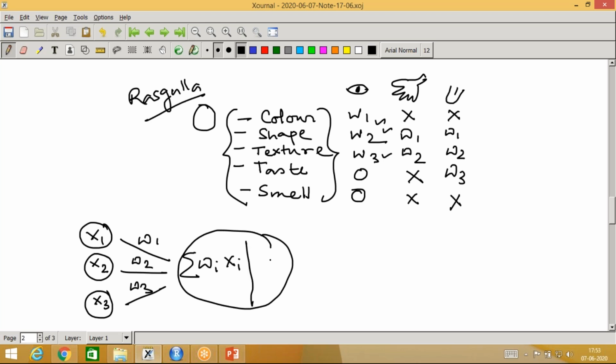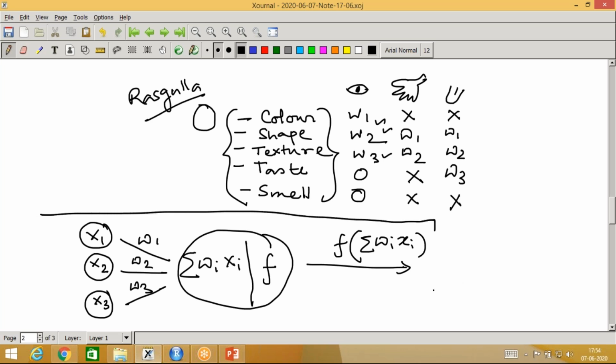And then there is a function which transforms it a little bit. And what does it pass? It passes on this value to the next neuron. So this exactly is the job of a single neuron.